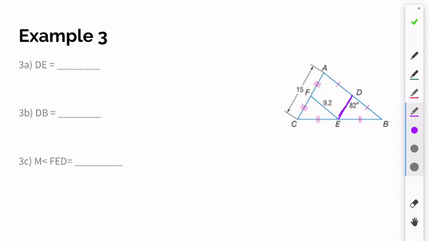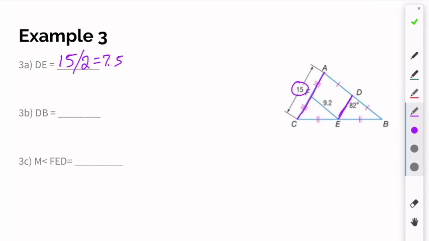Once we know that DE is parallel to AC, and in example 3 it is given to us that it indeed is, then we know that DE must be exactly half of the side that it's parallel to, because DE is the shorter of the two sides. So all we do here is we take the longer side, 15, divide by 2, that's taking its half, and we get 7.5.